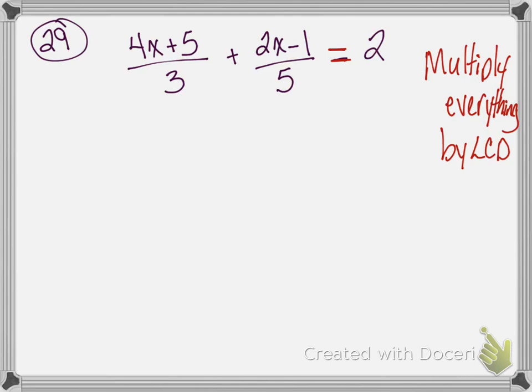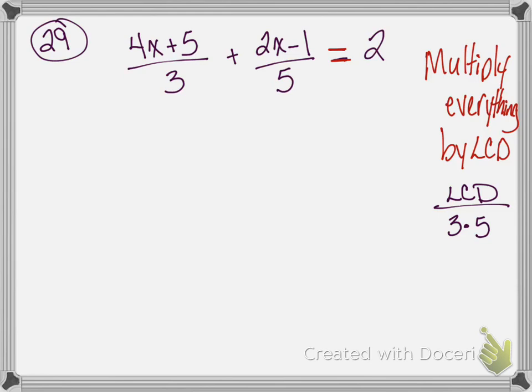Okay? So, first thing I want to do is figure out what my LCD is. I have a 3 and I have a 5. So my LCD is 15. I'm going to write it as 3 times 5, and the reason is that I can cancel some of these things out.